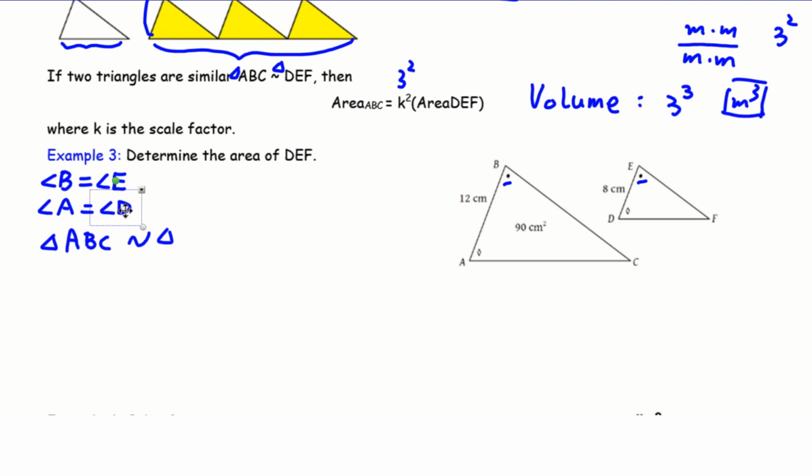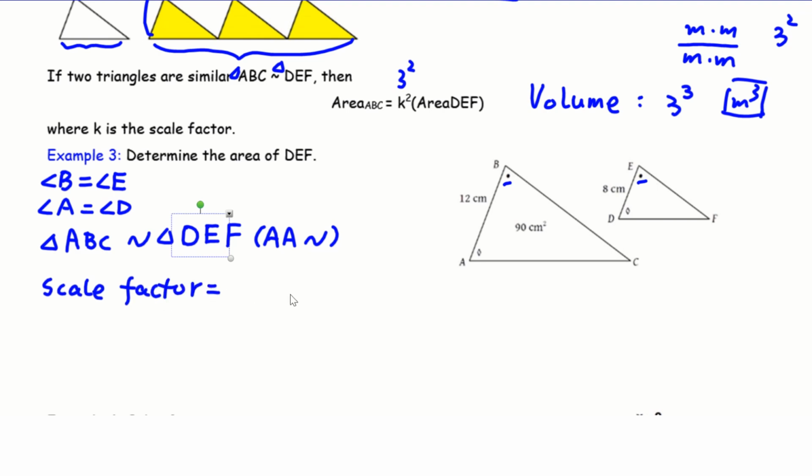Remember, order matters, so angle A corresponds to angle D, B is E, then F is whatever is left. Then the 2 triangles are similar, so the area will be the scale factor squared. So we want to see what the scale factor equals. The scale factor is just the ratio of the 2 triangles' corresponding sides. So AB over DE is the corresponding side, the first 2 letters.